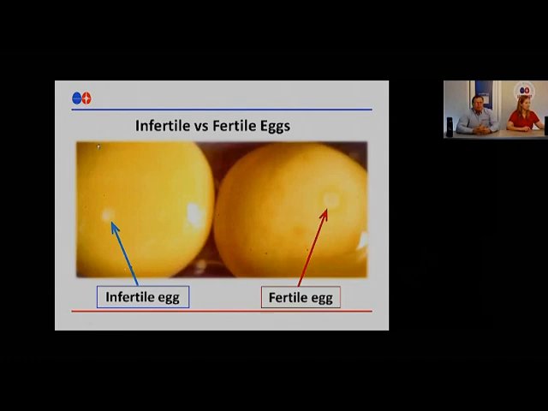That really, I mean, it's a hands-on type of activity to train to know the difference between fertile and infertile. But the main thing, you mentioned a blood spot or a meat spot. One thing we need to understand is that we can have other tissues that are in or on that yolk that you may think, oh, there's a spot of blood, this is embryo development. See how this fertile egg is growing in a circular fashion.